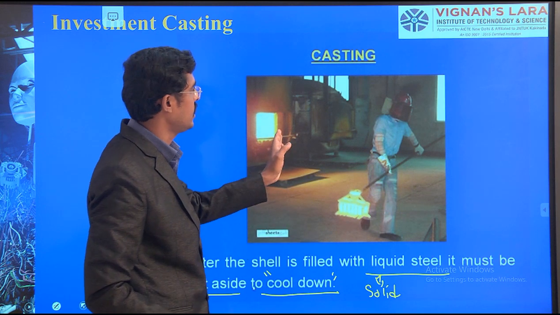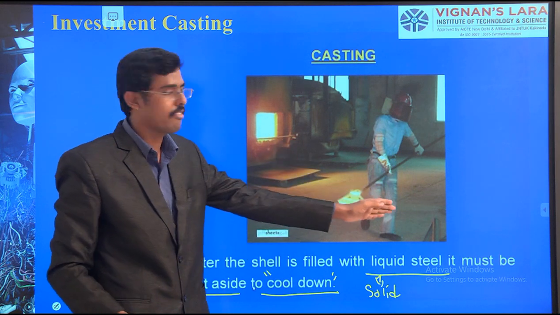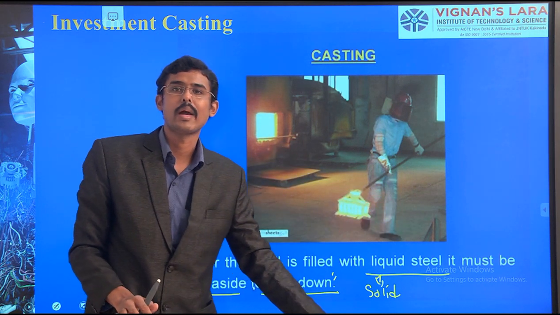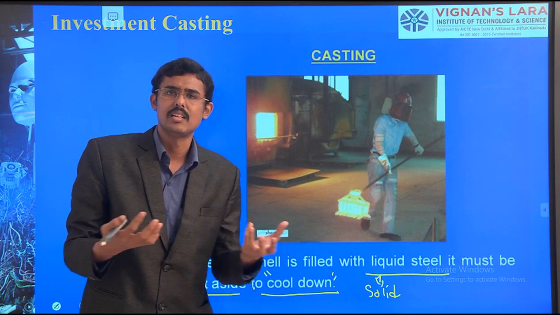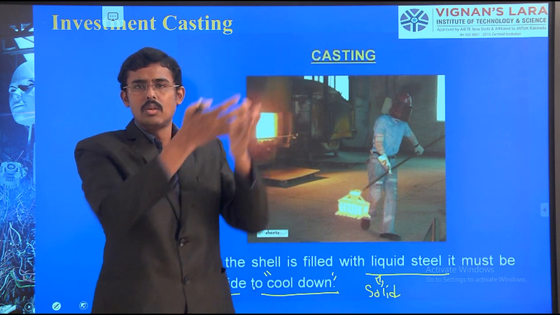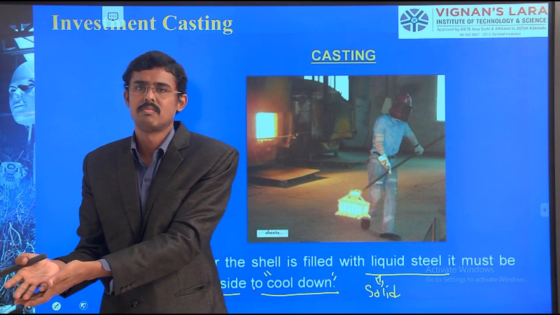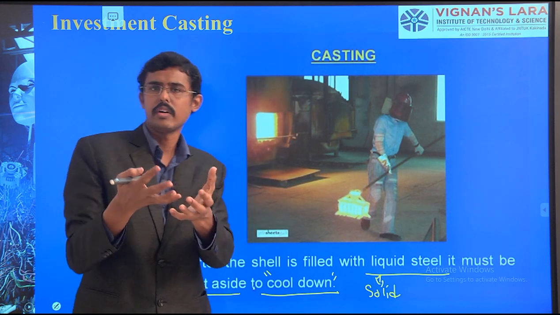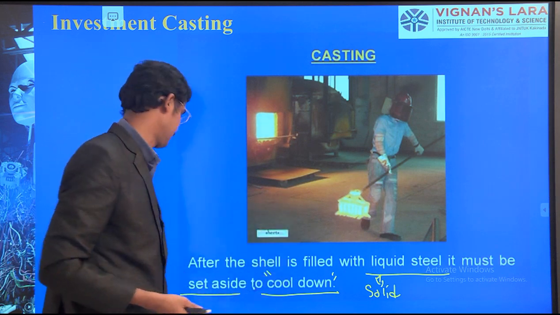From the furnace, we have poured and we are keeping it away, waiting for a while, because it may take time to solidify and come down from 1700 to room temperature. So we have to give time for that.